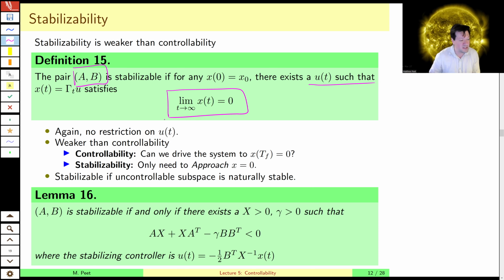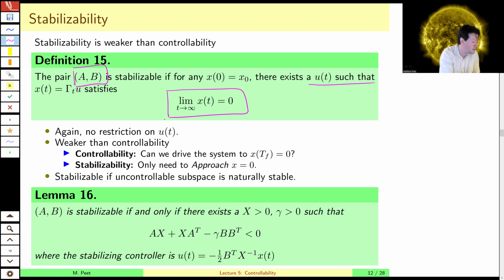Of course, if the system is stable, all trajectories converge to 0 anyway, so you're done. So this is weaker than stable. It basically says that for anything which is not already stable, there's an input which you can use to stabilize that. So in this case, you only need to stabilize the states which are not naturally stable.